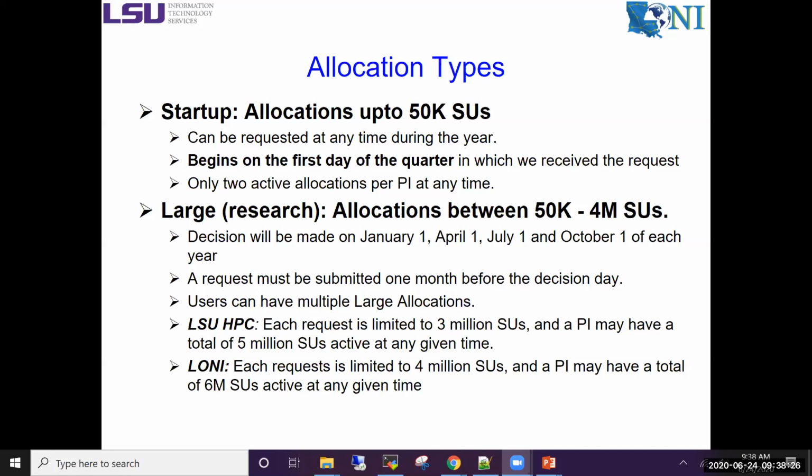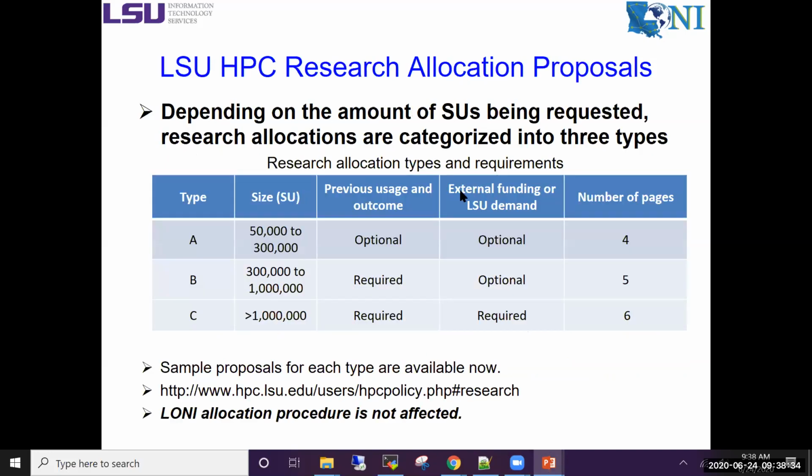For LSU HPC and Lonnie, there are some differences in the amount of SUs of research allocations. Depending on the amount of SUs being requested, research allocations are categorized into 3 types, and different types have different requirements. This is for LSU HPC. These requirements can be found on the LSU HPC website.